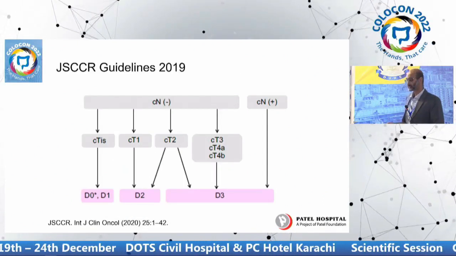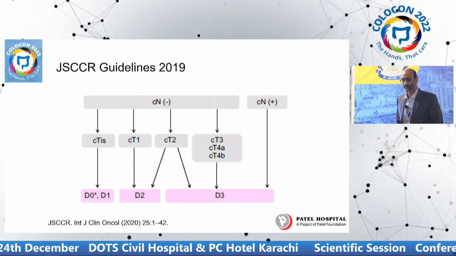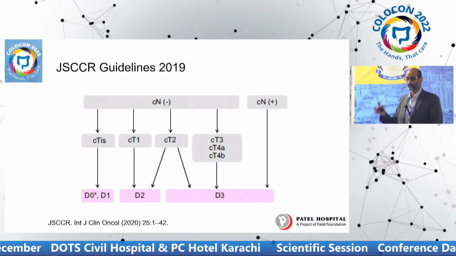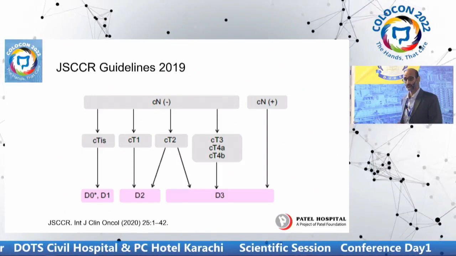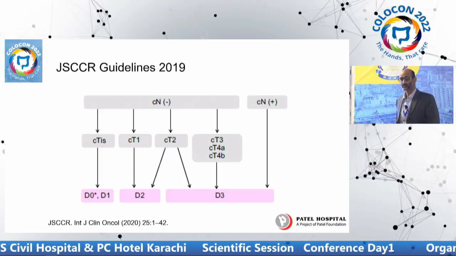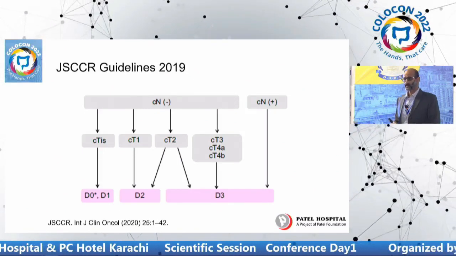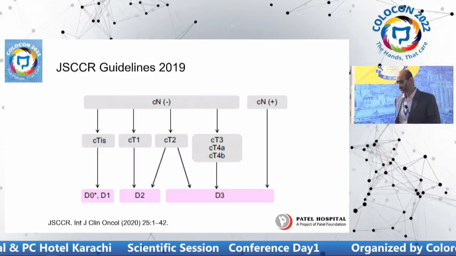The Japanese guidelines recommend a D3 dissection for all T3, T4 tumors or node-positive tumors, which are picked up on our preoperative imaging. The concept of nodal tiers is important.